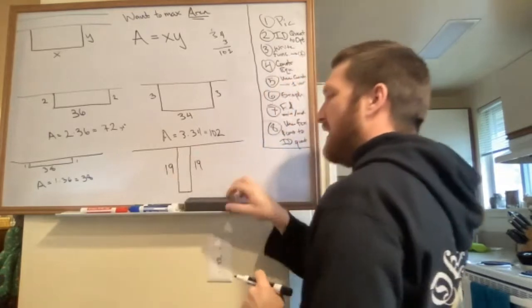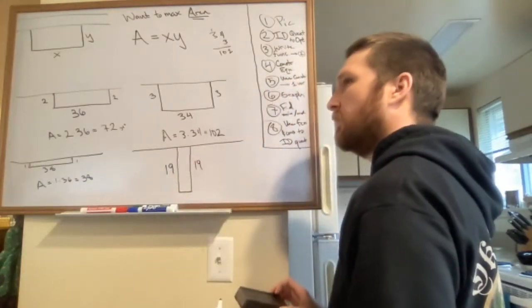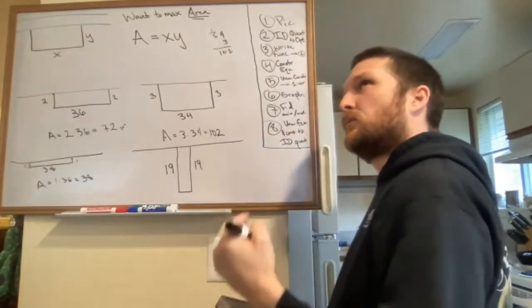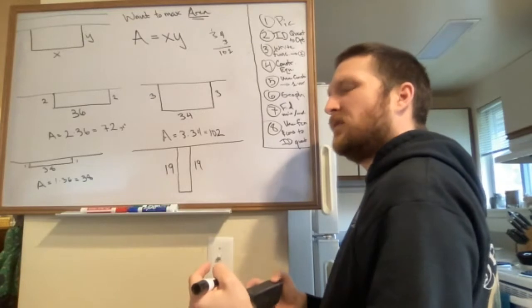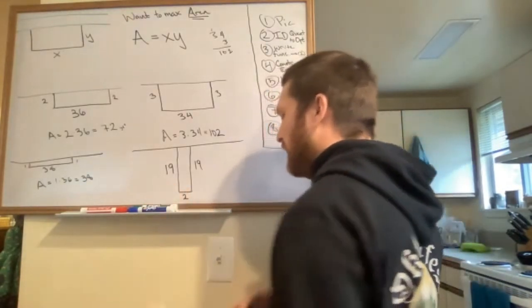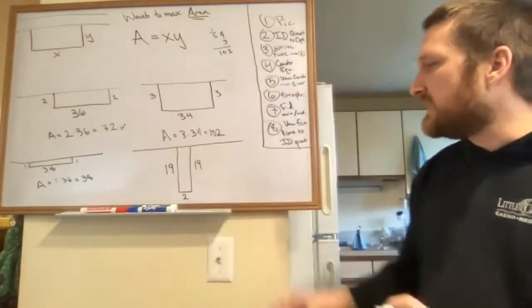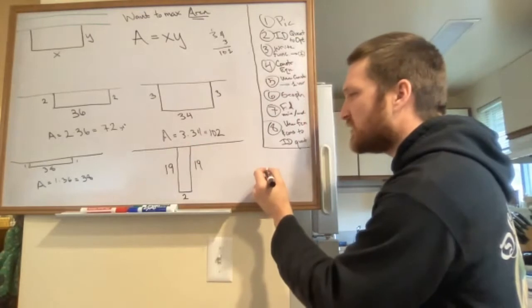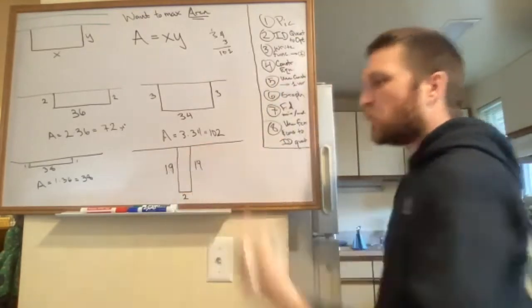How much would I have left to play with down here? 2, I think. Yeah, I think you're right. It took me a second to do that, but that should work, right? 19 and 19 is 38, and 39, 40 would be 2.